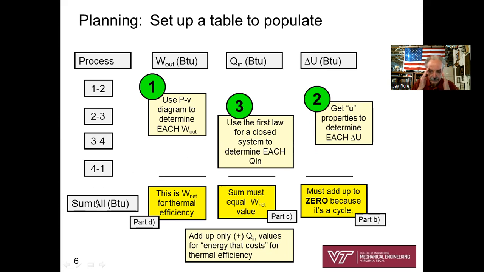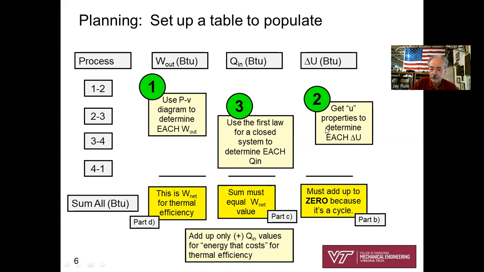The next thing I did was think to myself, how will I proceed to populate the table? First, I'm going to work on the work because I can see it with my eyes on the PV diagram. The next thing I'm going to do is jump over to delta U, because with my PV diagram, I can get U values for all 4 of those states.